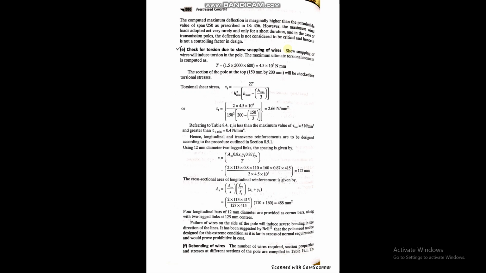In the same scenario, in this case it has not exceeded the maximum value, so you need not redesign the whole structure again. But since it is greater than the tau t minimum, that is 0.4 Newton per millimeter square, you need to provide torsional reinforcement to support the structure against the torsional moments.